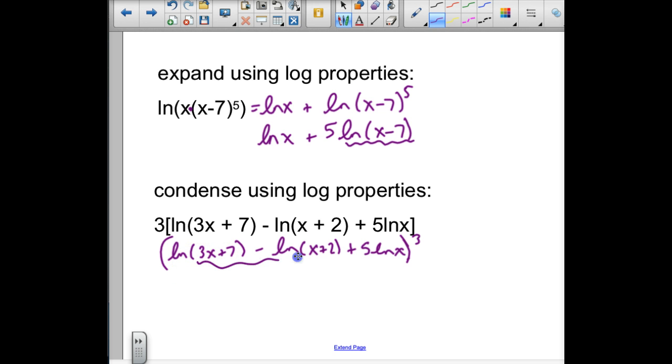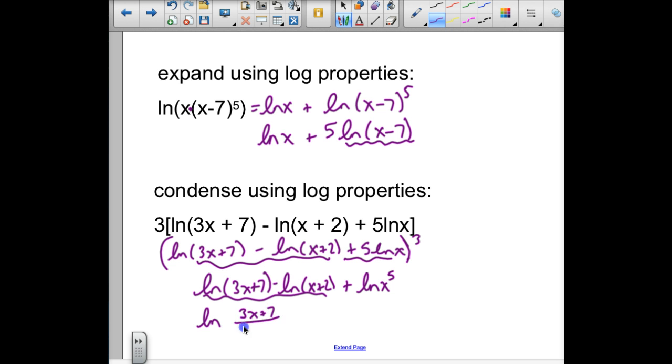Then we notice that we've got a subtraction sign and an addition sign, and we've got this 5 here. Let's deal with that 5 first. So that 5 is going to go up here as a power on the natural log of x, so it's natural log of x to the 5th. And then we still have this, and we still have this. So taking care of this, the condensing property would mean we have natural log of 3x plus 7 divided by x plus 2, and then plus natural log of x to the 5th means we're going to multiply by x to the 5th.